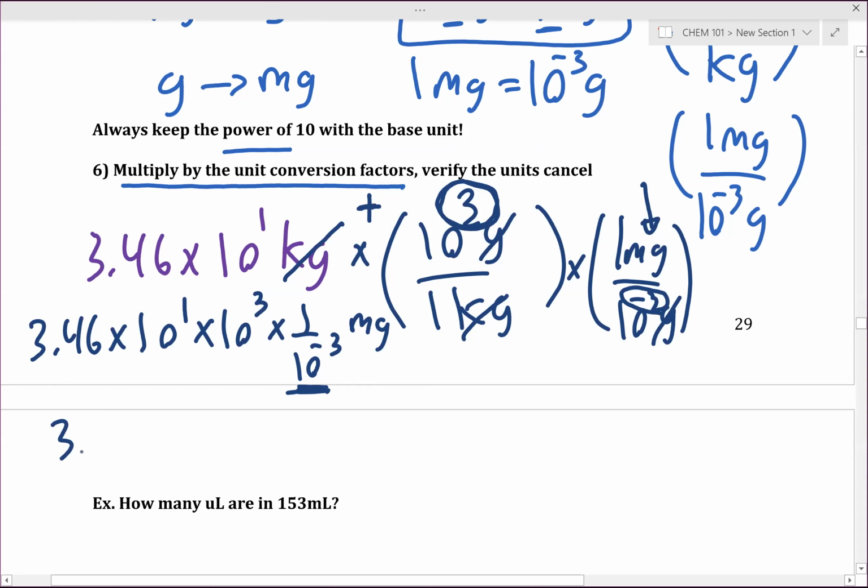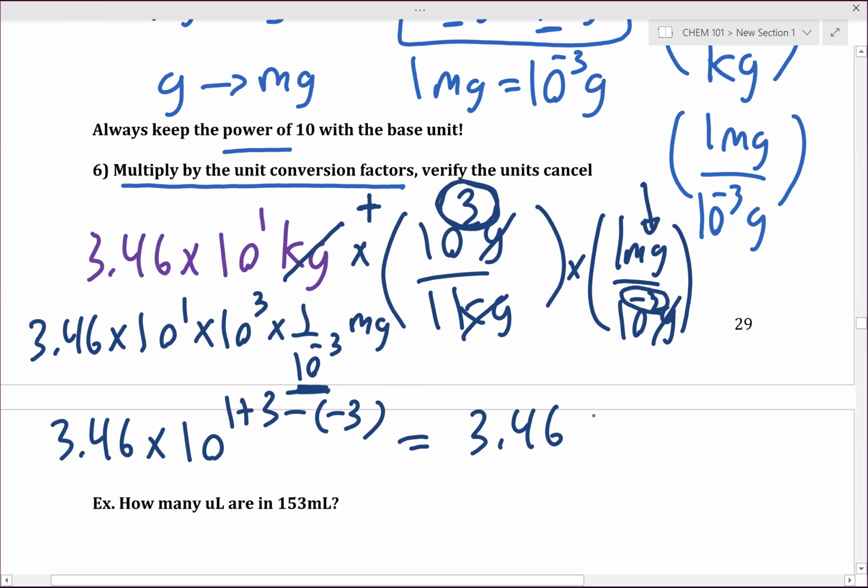So we take our 3.46 and we have 10 to the first plus 3. And then as our classmate pointed out, when you divide by a power of 10, you subtract the power. So we're subtracting negative 3. That in turn gives us 3.46 times 10 to the 7th milligram.